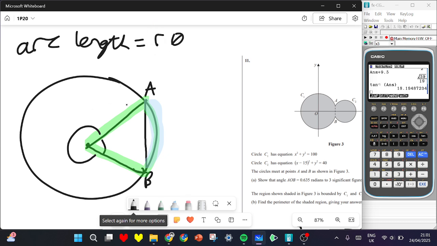So you just do the radius times whatever this angle is, or you could do the normal circumference equation, which is 2 pi r, and then just take away that arc length. I'll do it this way, by taking away the arc length bit.